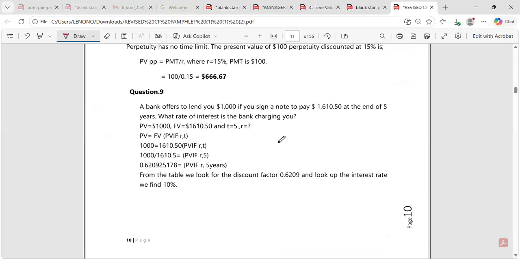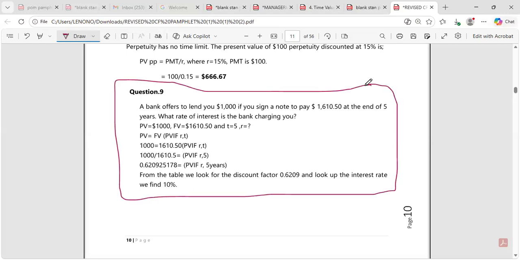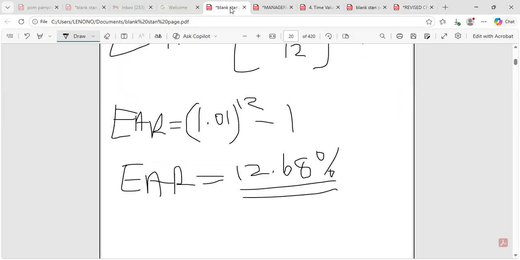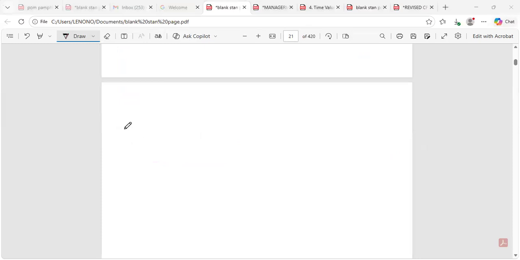Then if we go to question number 9, what is question 9 saying? A bank offers to lend you $1,000 if you sign a note to pay 1,610.5 at the end of 5 years. What rate of interest is the bank charging you? So we are going to use this formula.